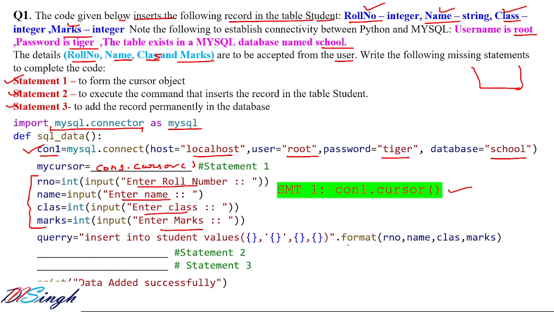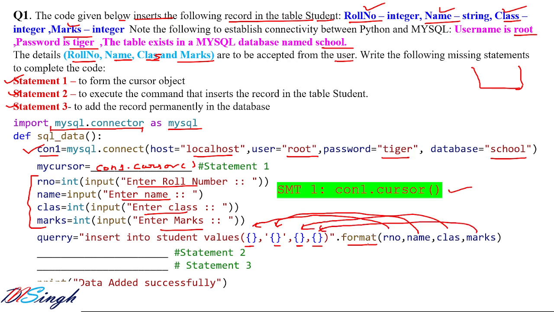Remember, the format function is used to format the string, and whatever values are there in the roll number, name, class, and marks variables when this is executed will be placed inside these curly brackets. Roll number will be picked from there and put inside, and like that for the others: name will be stored here, class here, and then marks at this place.